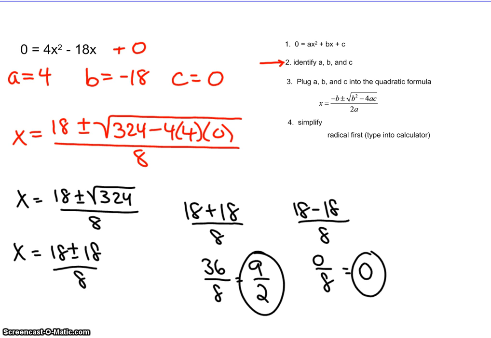All right, so if you notice what happened in this case, this whole piece right here, even if you typed it in your calculator, you might recognize that 4 times 4 times 0 ends up going to 0. Which is fine. And then we're left with the 324, the square root was 18. Break it into my two solutions: when I add the 18s, when I subtract the 18s.